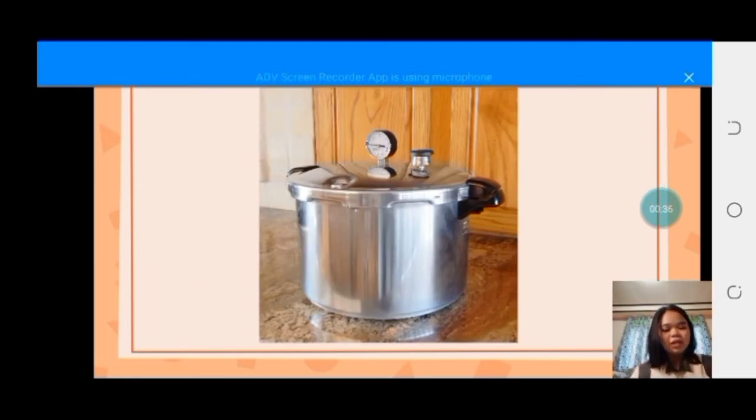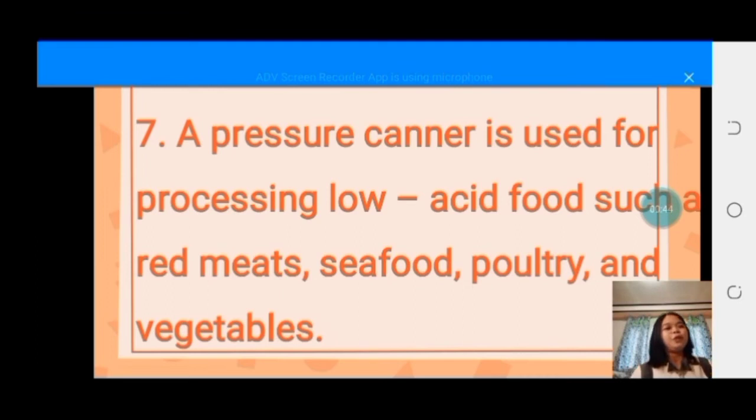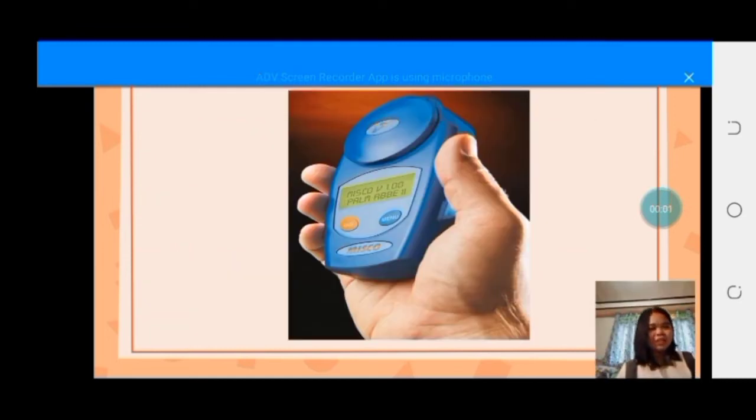Okay, class? How about this one? Okay, very good. A pressure canner is used for processing low-acid food such as red meat, seafood, poultry, and vegetables. How about this, class? Okay, very good.